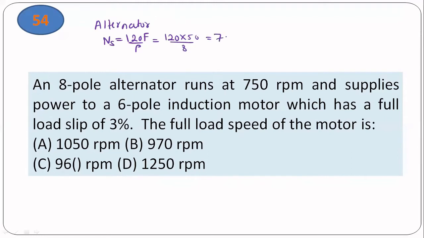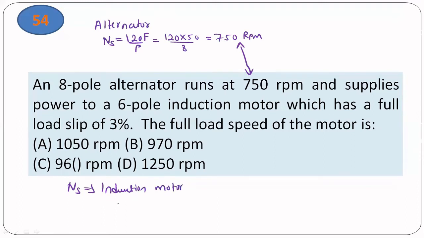Now if you solve for this, it is 750 rpm, and that is the synchronous speed for an alternator. Now we have to calculate the synchronous speed of a given induction motor.